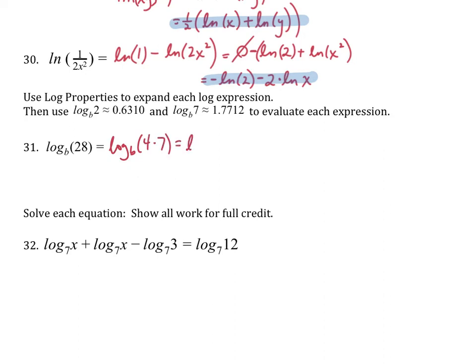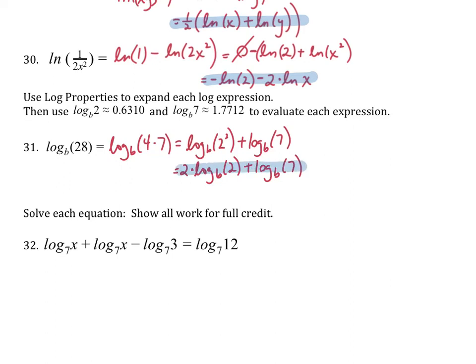This is the same thing as log base b of 2 squared plus log base b of 7. This is 2 times log base b of 2 plus log base b of 7. This is my expanded form, so this is the first part.